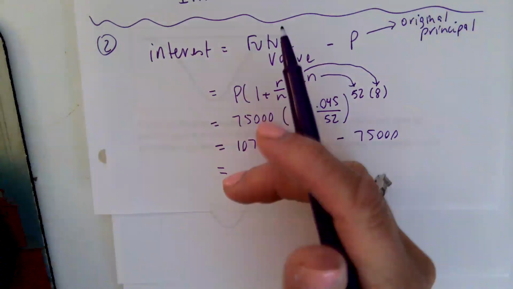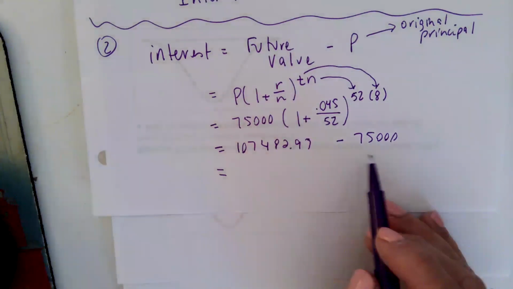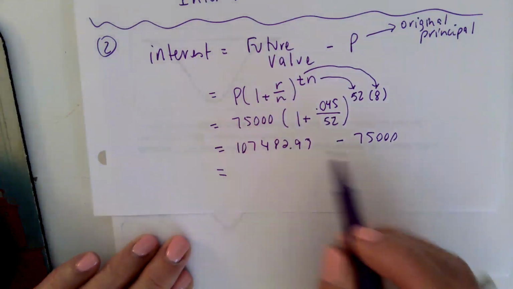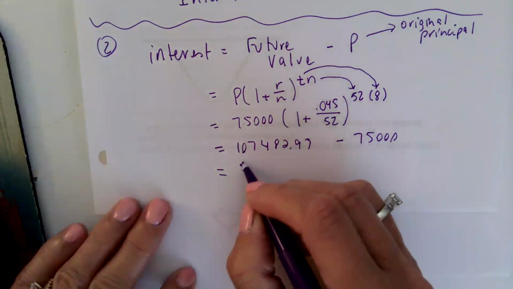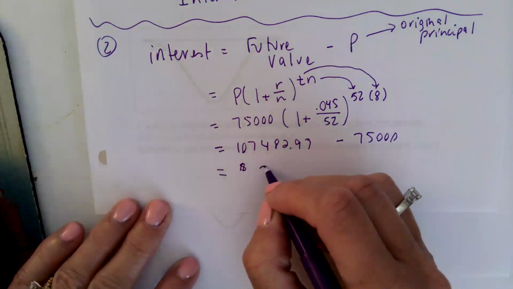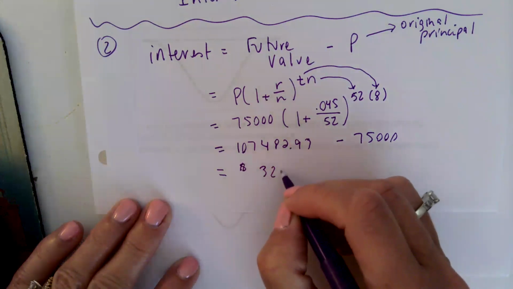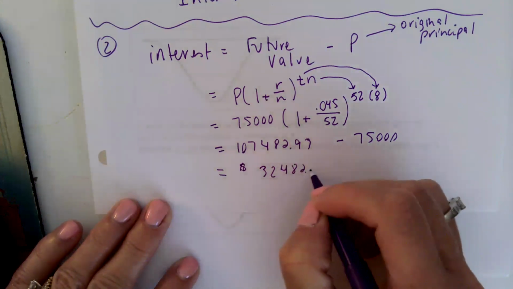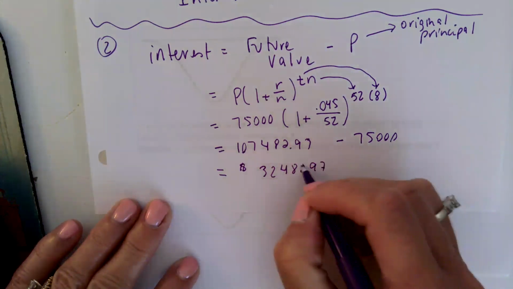So this was taking our future value, subtracting our principal. And so our interest is going to be $32,482.97.